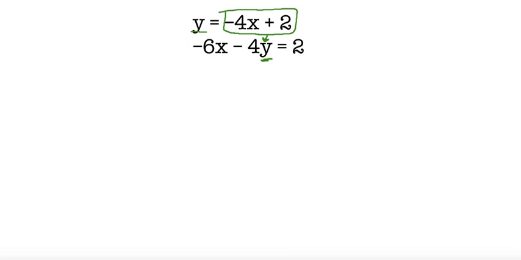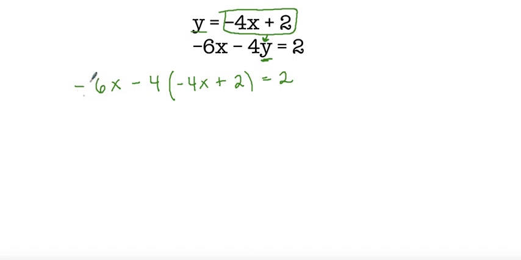That's going to look a little bit like this. So we're going to have negative 6x minus 4, and we're going to substitute this y for negative 4x plus 2. So instead of writing out y, we're going to substitute that in. And now that we've finished writing out negative 4x plus 2, that's all going to equal 2.